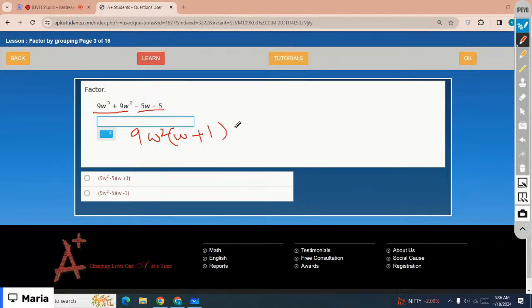From here we can take common negative 5 and we are left with w plus 1. So the correct option is 9w squared minus 5 and w plus 1, right? Option number 1 is the correct option. Got it?